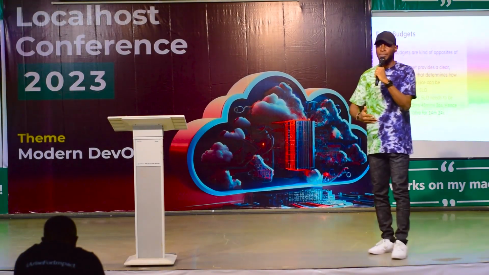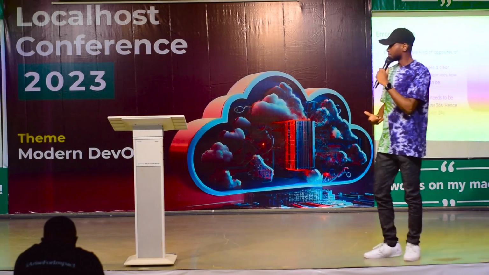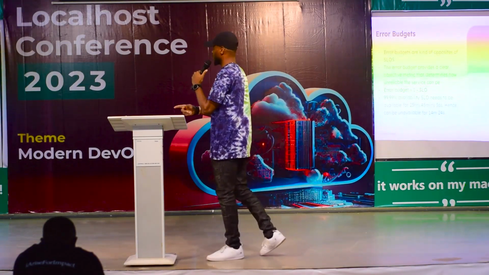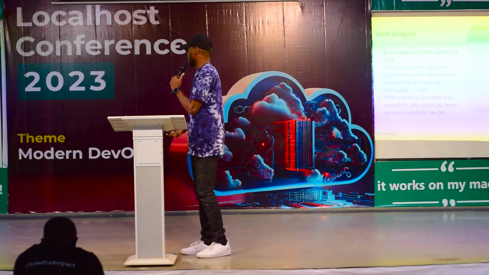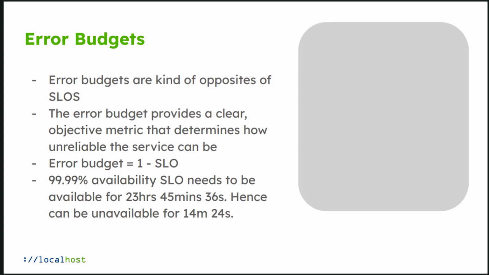But once my error budget has been exhausted, my users are beginning to feel the impact of my system, and then I might lose customers. So that is why error budgets are important when it comes to SLOs. I've been talking about the 99%, 95% availability and all that.